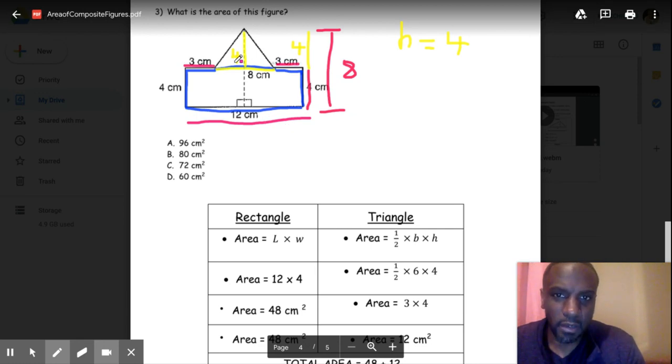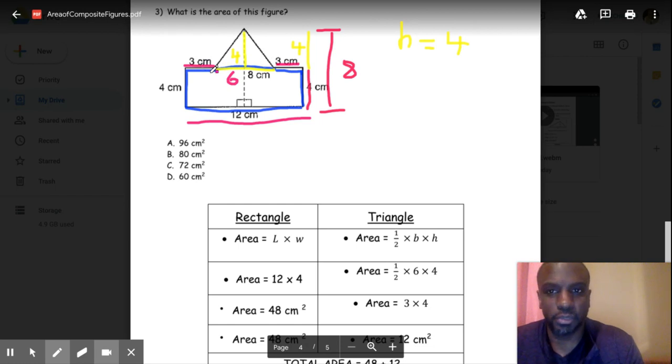So what is 12 minus 3 minus 3? That's 6, Mr. Hunt. That means the base of my triangle is 6.